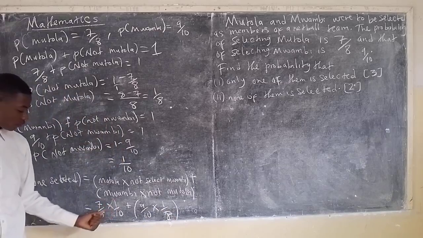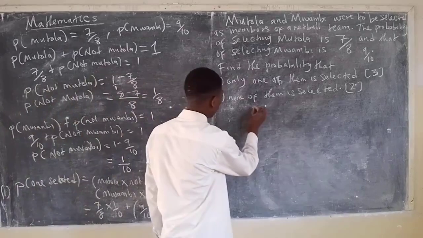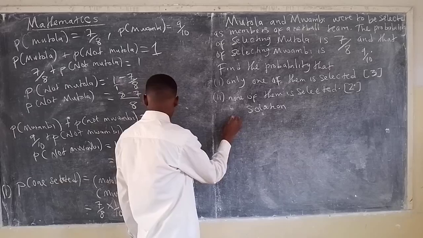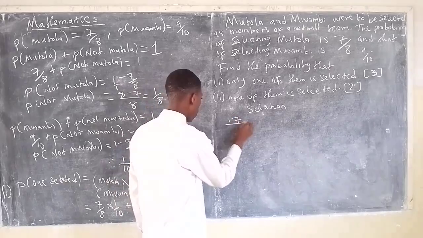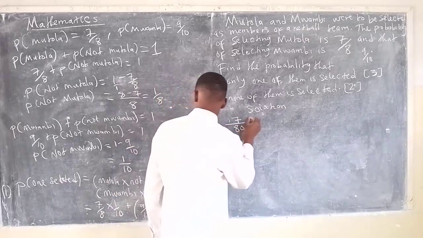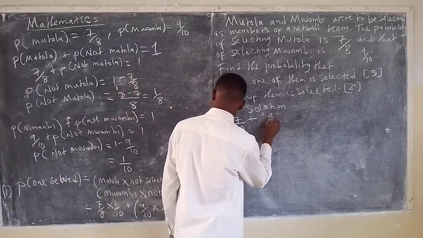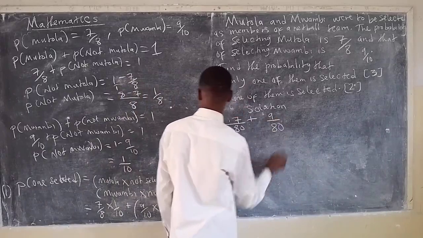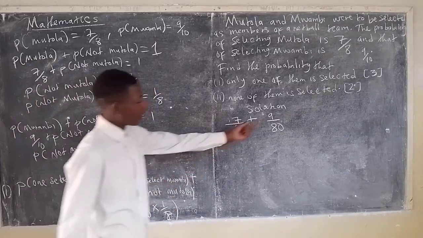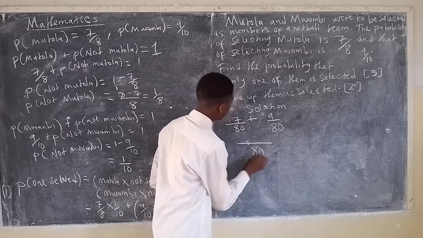So with that we are going to add them. We have 7 times 1, giving 7 over 80, plus 9 over 80. We can add, since the common denominator is 80.